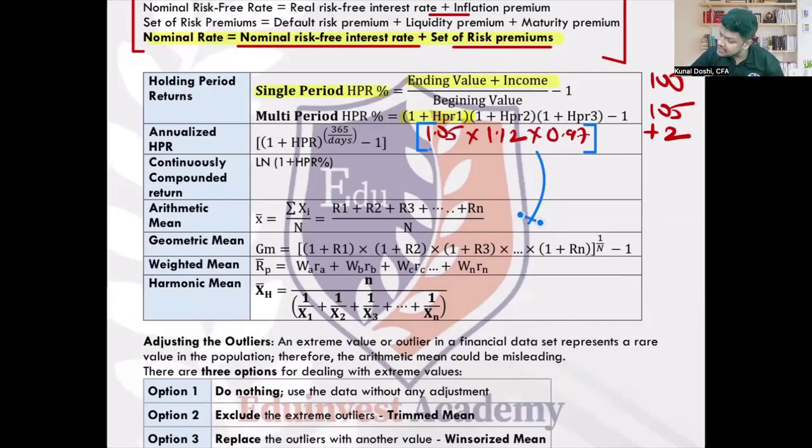We average it by raising to the power 1 over n. Did you notice the difference? The only difference between multiple period HPR and geometric mean is that geometric mean is also annual returns. However, it is averaged.